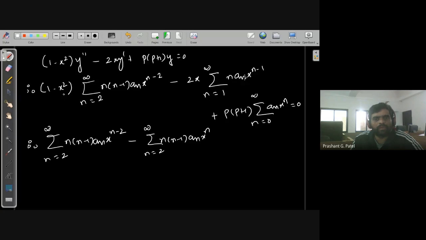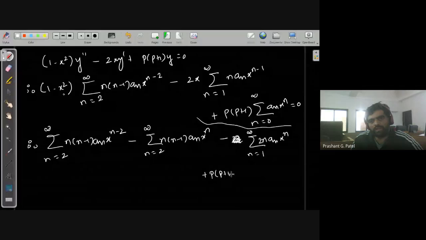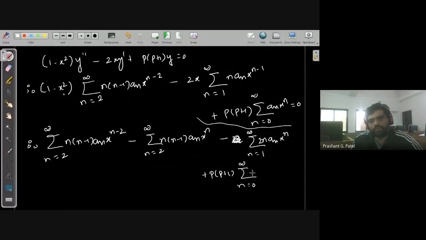Then 2x is multiplied inside, so this will be minus 2 summation n running from 1 to infinity n a n x raised to n, plus p(p plus 1) summation n running from 0 to infinity a n x raised to n, equal to 0.